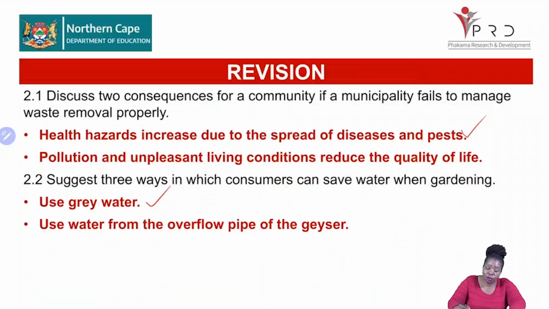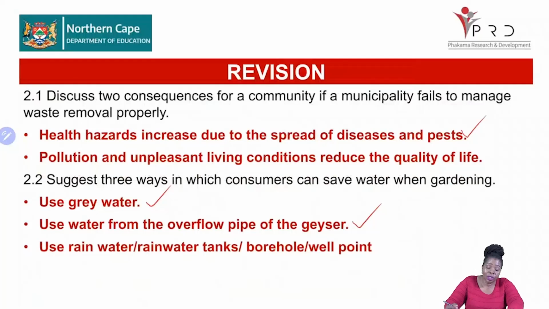Also, the water from the overflow pipe of the geyser can be used to water the garden. We put a bucket under the pipe, so that instead of flowing onto the ground, the water falls into a bucket and then we can water the garden.